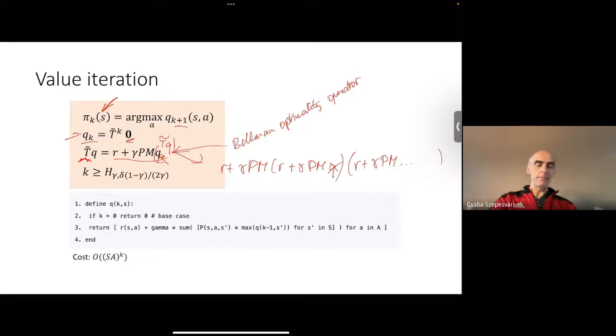That's one view of value iteration. The other view of value iteration is that it's a big recursive call. Because now I can plug this in here, and this is just T tilde k plus 1 applied to 0 and evaluated at S, A. And then I can just do that with a big recursive call.